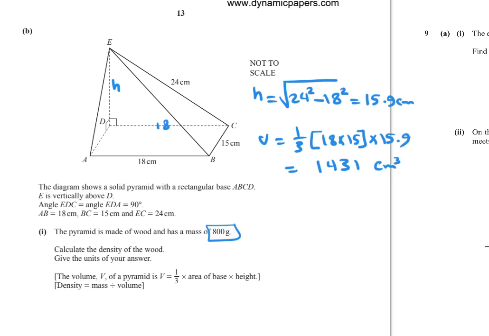Now to find the density, equals mass, which is 800 gram, divided by 1431 centimeter cube, equals 0.559 gram per centimeter cube.